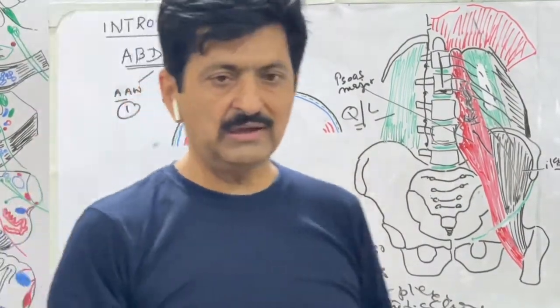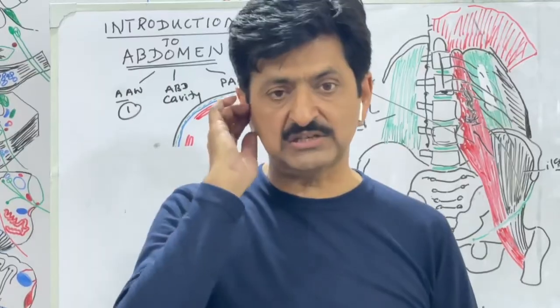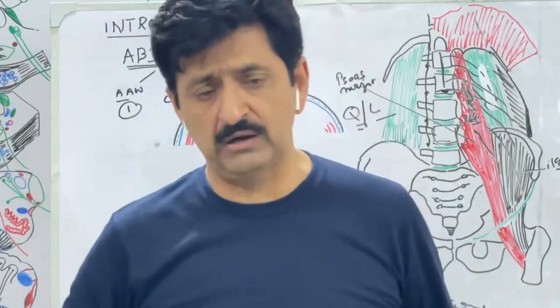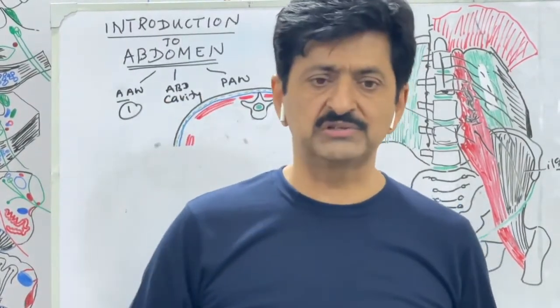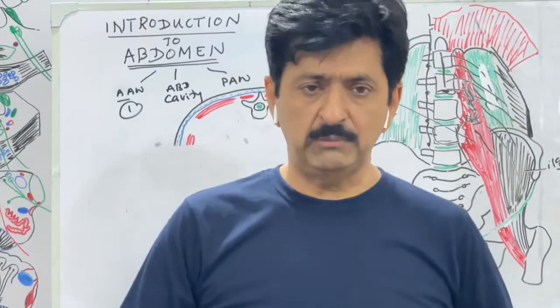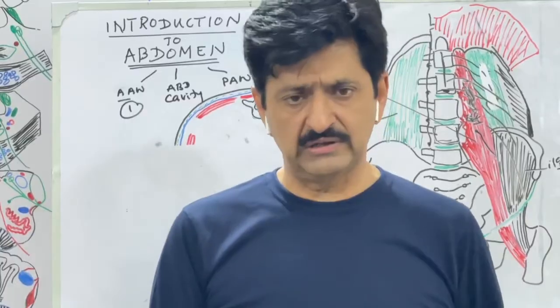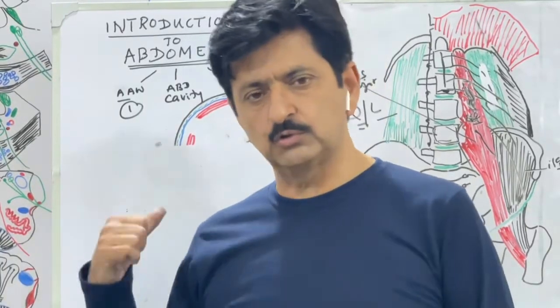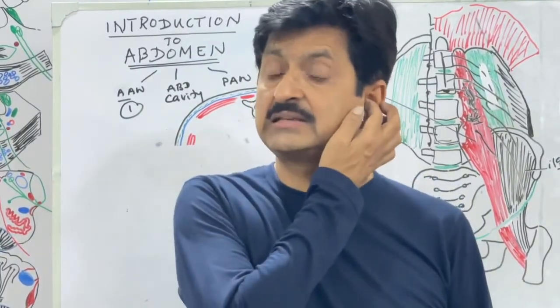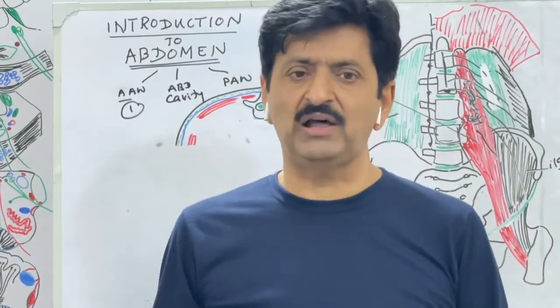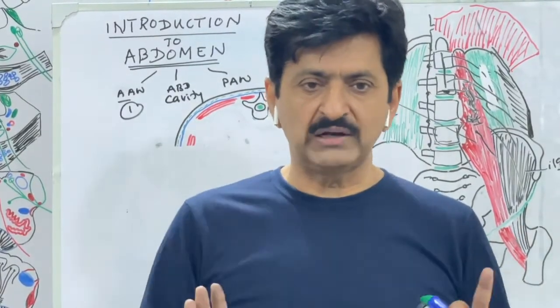So this was stepwise, not just these structures you will see in the anterior abdominal wall, very important structures. Then you enter into your abdominal cavity where you see the viscera, their blood supply, etc., all the anatomy and their clinical correlates. And then you will go to the posterior abdominal wall where you will see the viscera of the posterior abdominal wall and then the posterior abdominal wall itself.